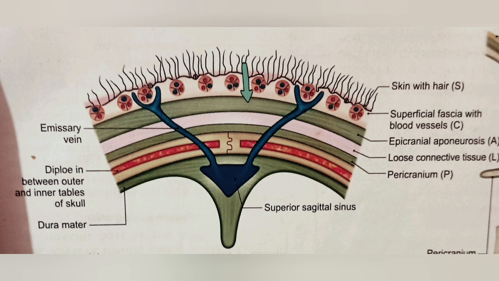So anteriorly, the epicranial aponeurosis receives the insertion of the frontalis muscle, and posteriorly it receives the insertion of the occipitalis muscle. As we have discussed earlier, these both muscles of the occipitofrontalis are inserted into the epicranial aponeurosis.